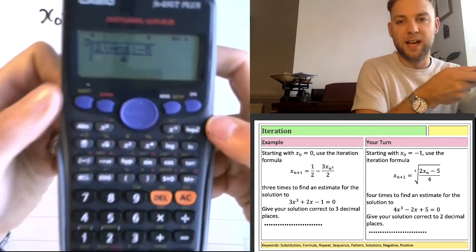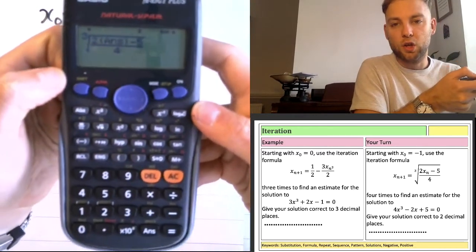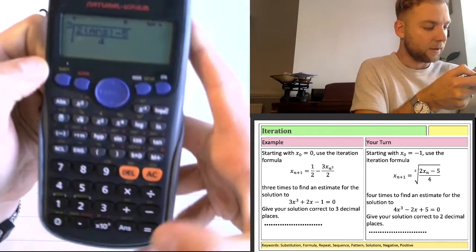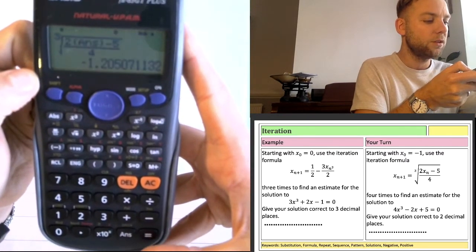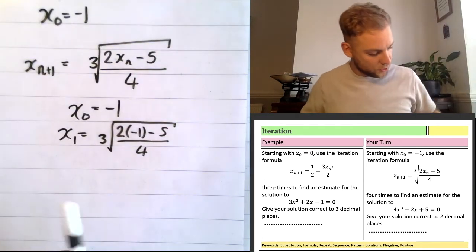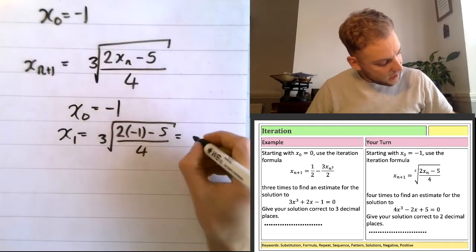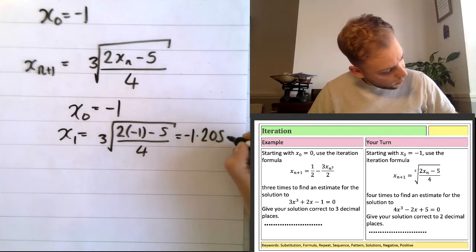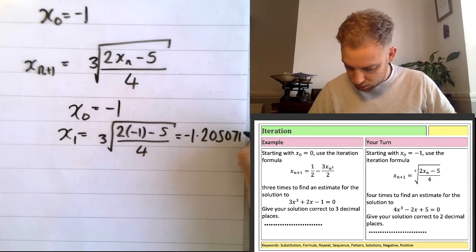Now it's quite tricky to type that in your calculator. The cube root of 2 times the answer, minus 5 divided by 4, press equals, it'll give you my first term, which in this case is minus 1.205071.